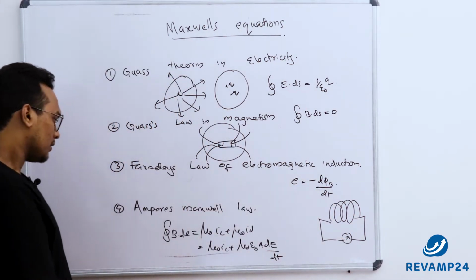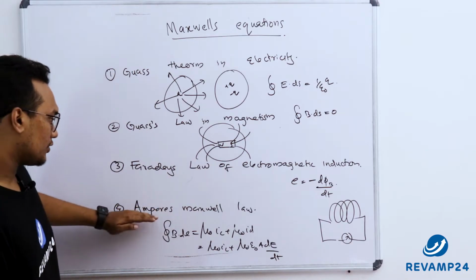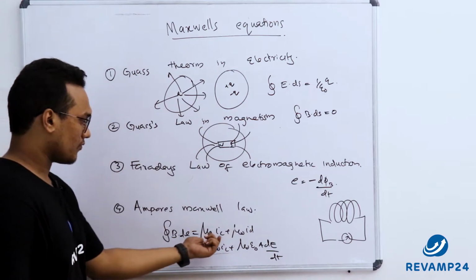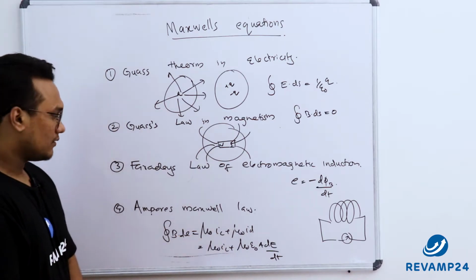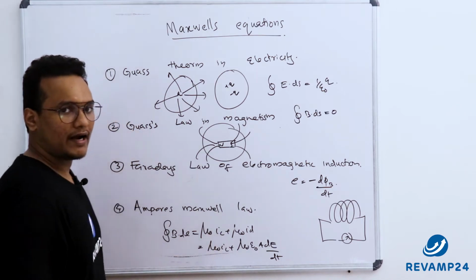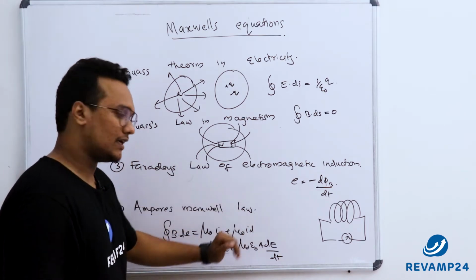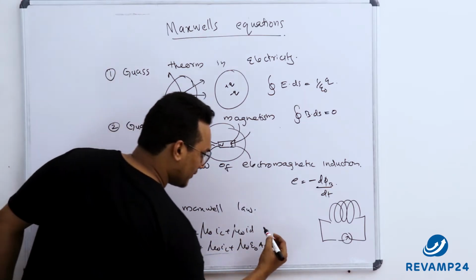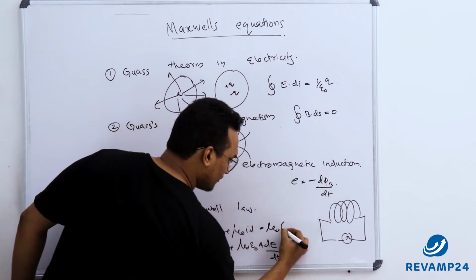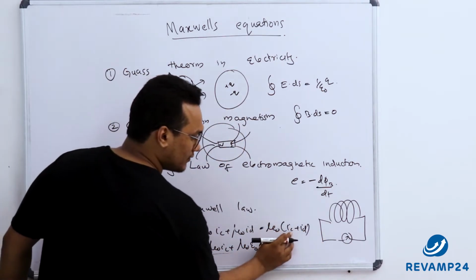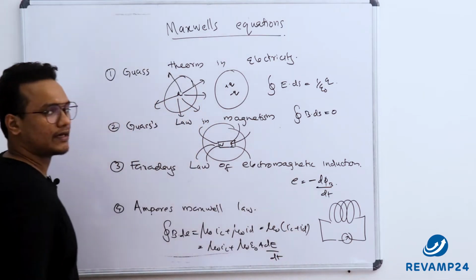Now, according to the Ampere-Maxwell law, it is covering Ampere's circuital theorem first, that is mu 0 IC, and he has added an additional term, that is mu 0 into ID. So mu 0 into IC plus ID, that is, we will have conduction current and displacement current as well.